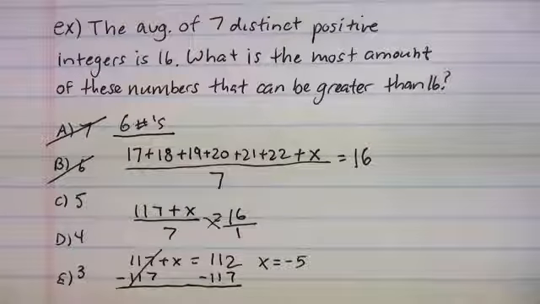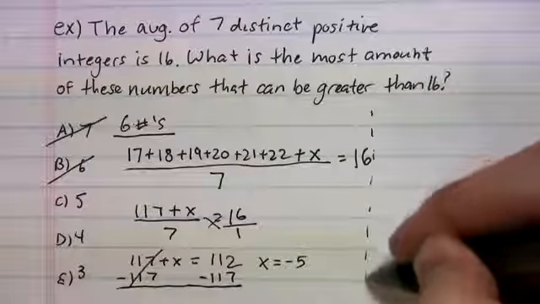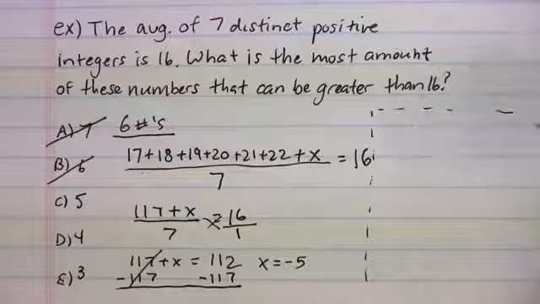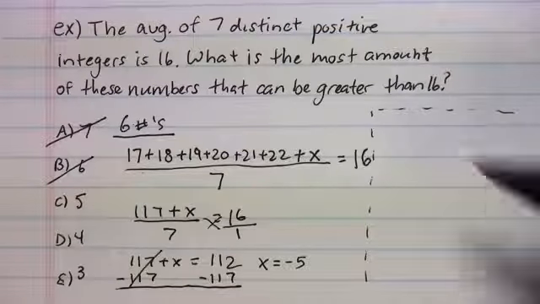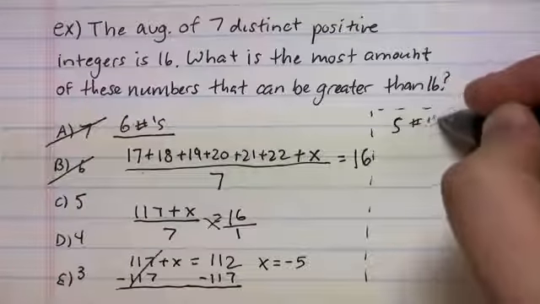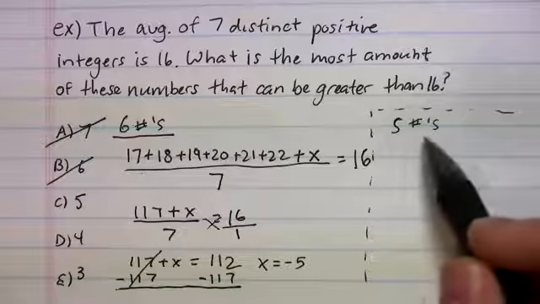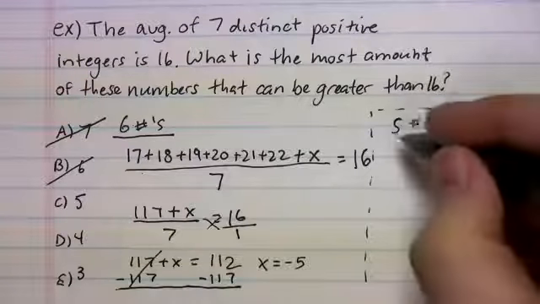B doesn't work. Now I'm getting a little scrunched on space here. Hopefully I can get this done without you guys losing your eyesight. Let's try 5 numbers. So let's look at 5 numbers that can be greater than 16.